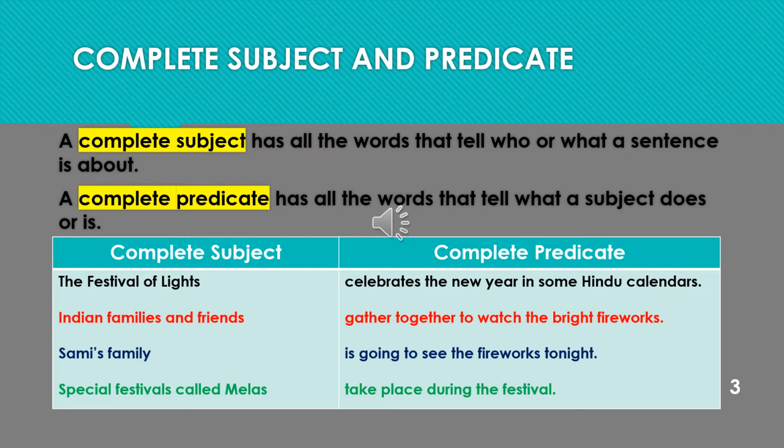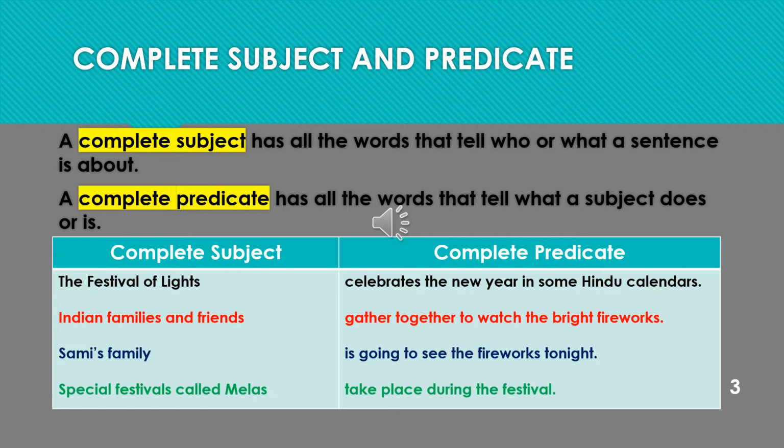The second sentence is, Indian families and friends gather together to watch the bright fireworks. Complete subject, Indian families and friends. Complete predicate, gather together to watch the bright fireworks.